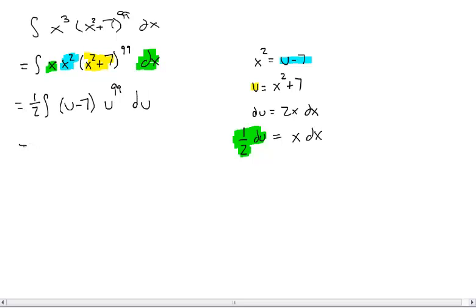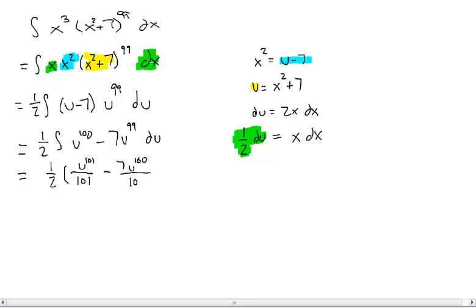And now I'm going to distribute the u to the 99 through the parentheses. So I have u to the 99 times u is u to the 100, minus 7u to the 99 du. And now I'm going to integrate using the power rule. So I have 1/2 times u to the 101 divided by 101 minus 7u to the 100 divided by 100, plus c.